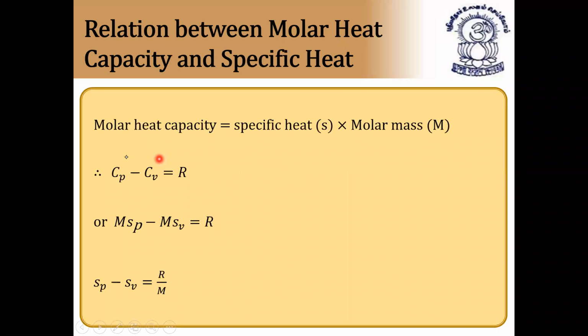Next, the relation between molar heat capacity and specific heat capacity. Molar heat capacity is equal to specific heat into molar mass, and therefore Cp minus Cv is equal to R. So by this, m times specific heat capacity at constant pressure minus m times specific heat capacity at constant volume is equal to R, where m is the mass of the substance.